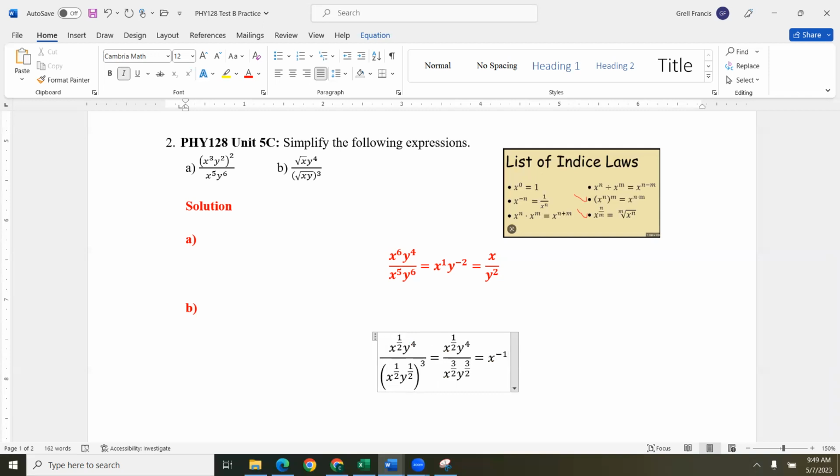And 4 minus 3/2. So we're taking out 1.5 from 4. So that will give us 2.5. And 2.5 can be represented as 5/2. So we've got y raised to 5/2.